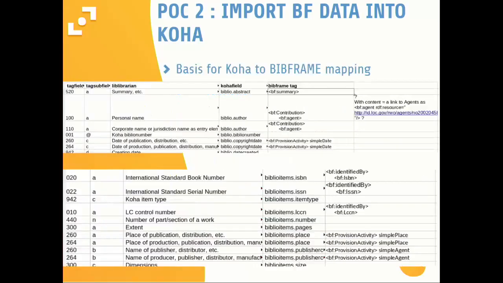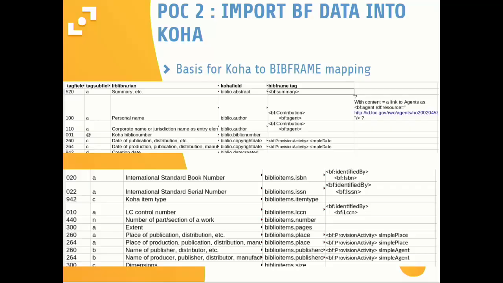So here is an example of the basic mapping between the Koha fields and Bibframe fields. It has been built from the Koha to MARC mapping, from MARC 21 to Koha fields, and then using the files provided by the Library of Congress for the MARC to Bibframe mapping.